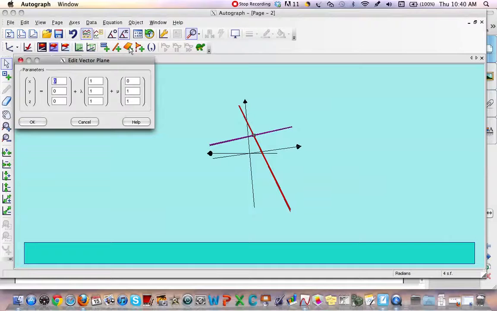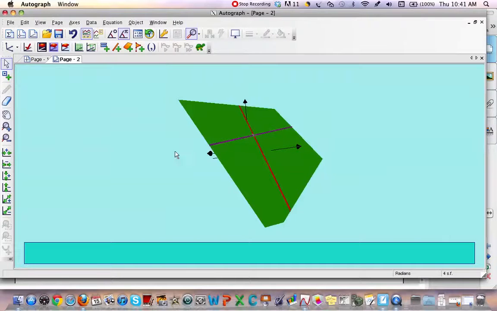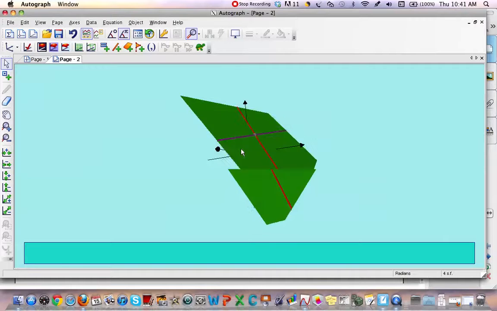And so this time I'm going to use the same point. The direction vectors I'm going to use will be the 2 direction vectors from the 2 lines. And what we're going to have now is an equation of a plane, or rather a representation of a plane.